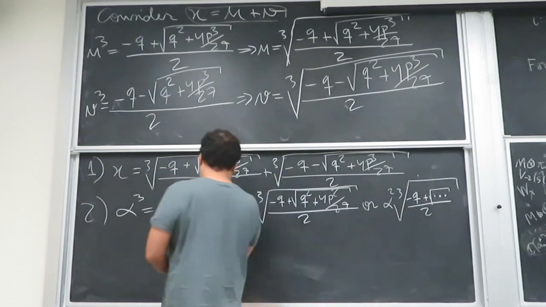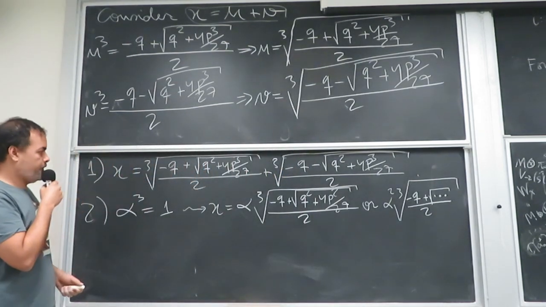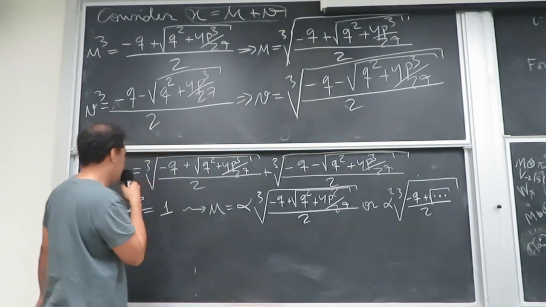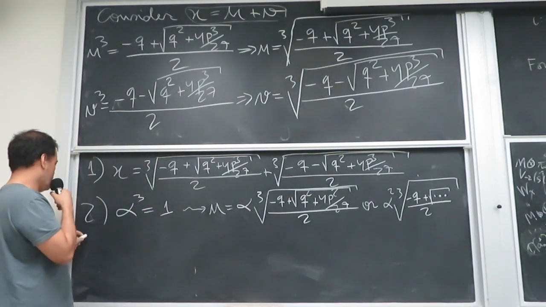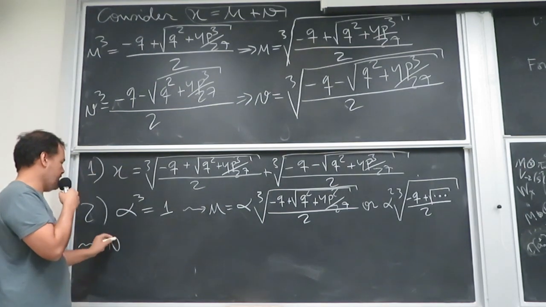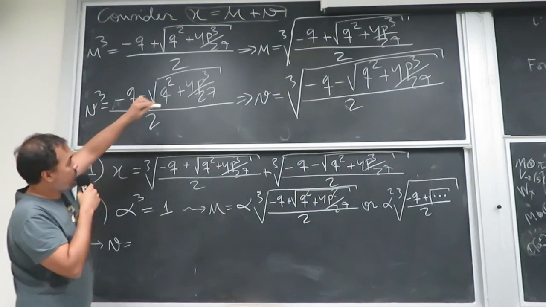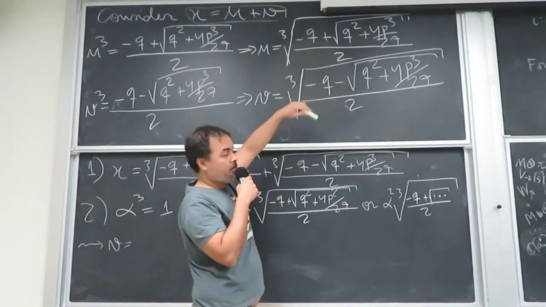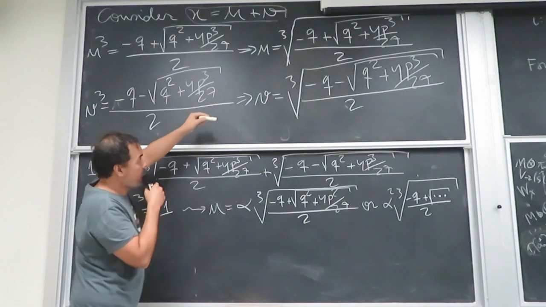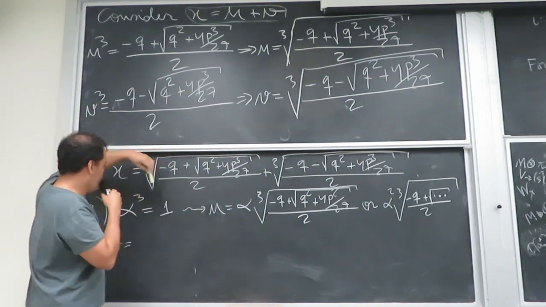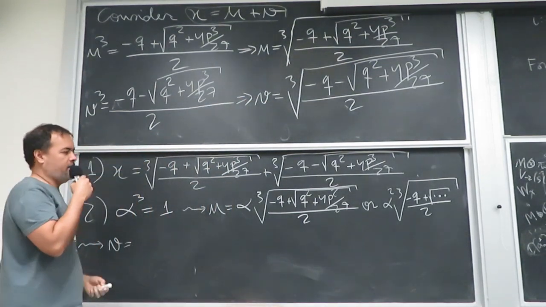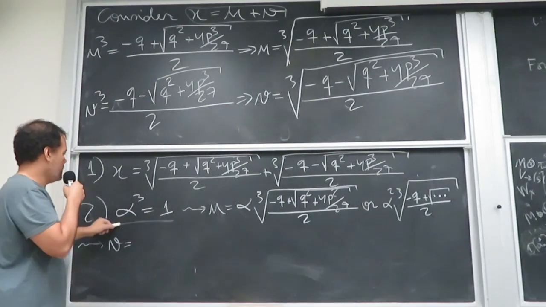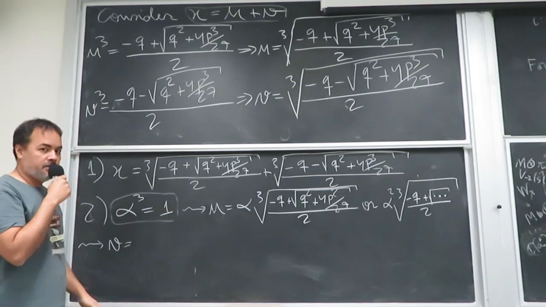And also for the, oh, I'm sorry, not x, u, right? And also for v it is the same. v not only can be this number, but also can be the product of this with alpha or alpha squared. Those are the other solutions for this in complex numbers.